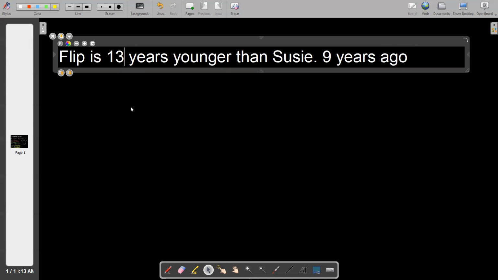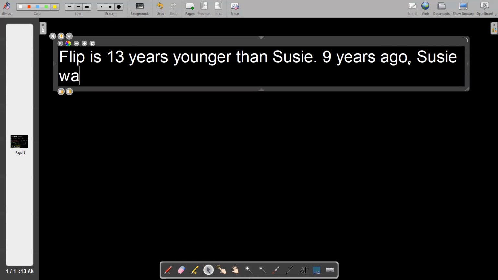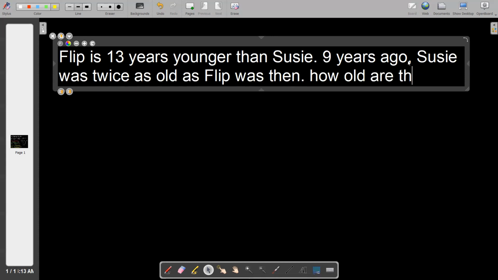I don't think you can. Yeah, fat brain. Flip is 13 years younger than Susie. 9 years ago, comma, Susie was twice as old as Flip was then. How old are they now?